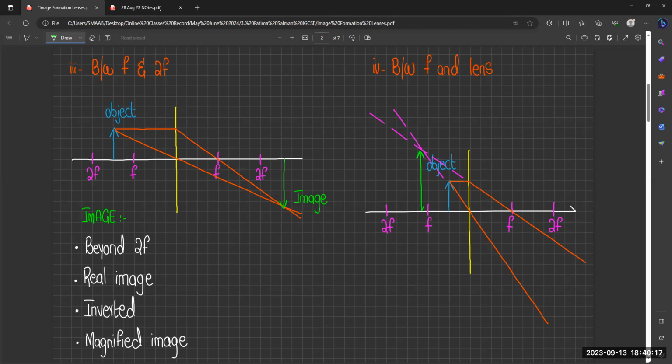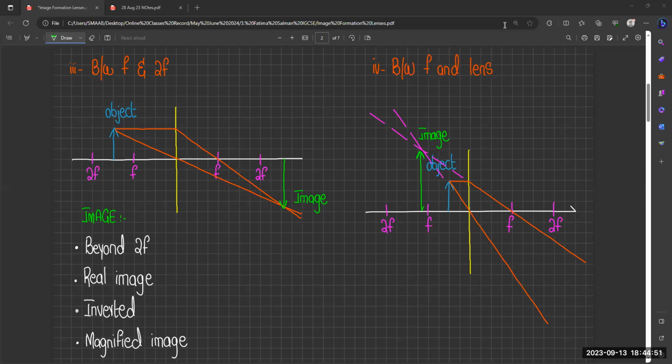Okay. So this will be your image. Basically now you are getting a virtual image, right? Because both object and image are on the same side.